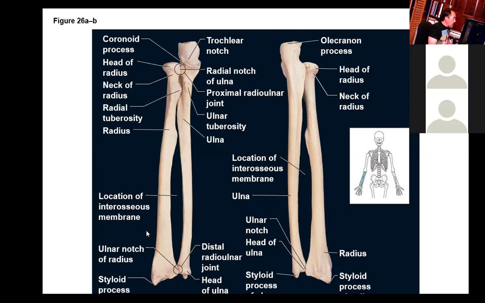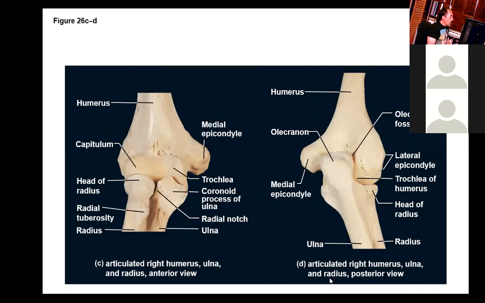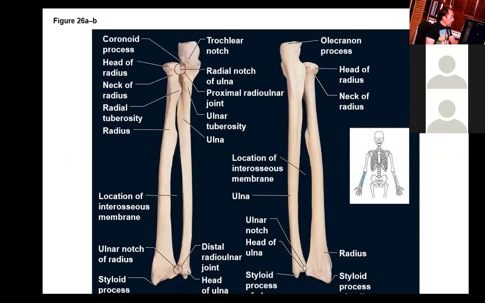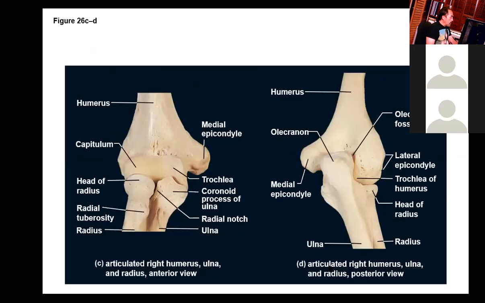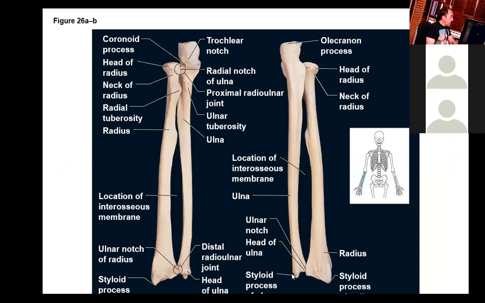So if I just give you a picture of this bone, you can still determine which is lateral, which is the lateral styloid process and which is the medial styloid process. The lateral styloid process belongs to the radial bone, because the radial bone is lateral. So this is called the lateral styloid process, and this is called the medial styloid process, which is the ulna.